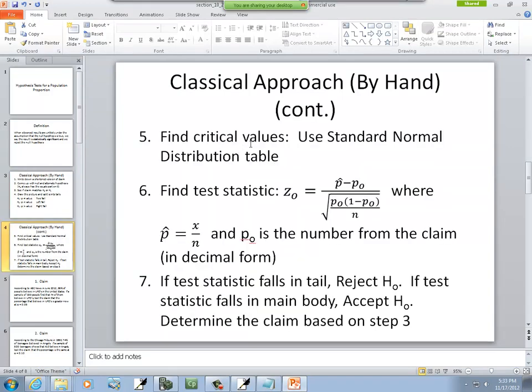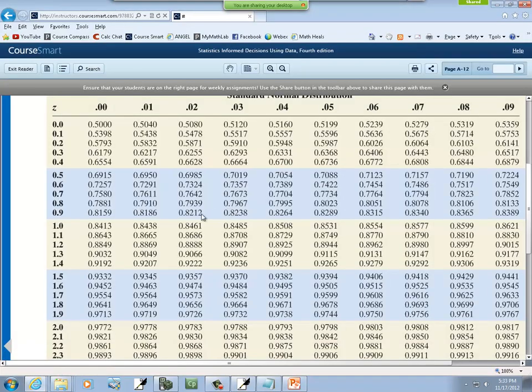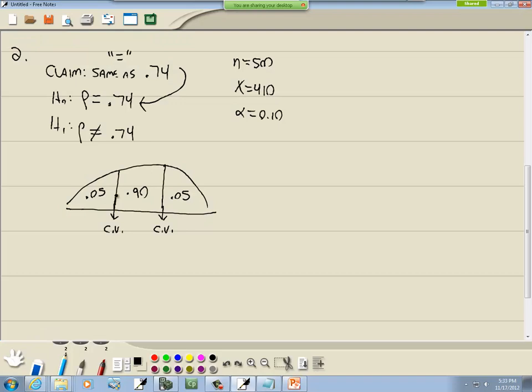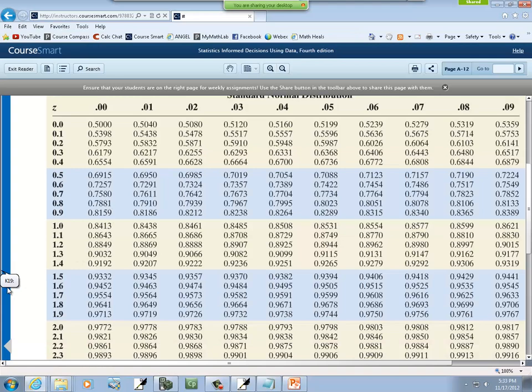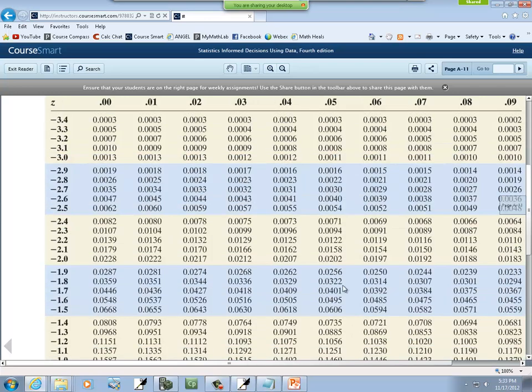Okay. Find the critical values. Use the standard normal distribution table. I'm going to start with this left one here. I look to the area to the left, which is 0.05. I'm looking for 0.05 in the middle here, the value closest to it. Here's a 0.0505, and here's a 0.0495. It looks like it's halfway in between these two values.